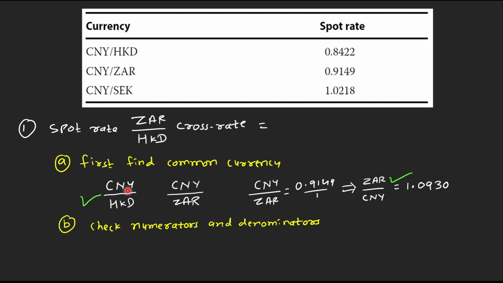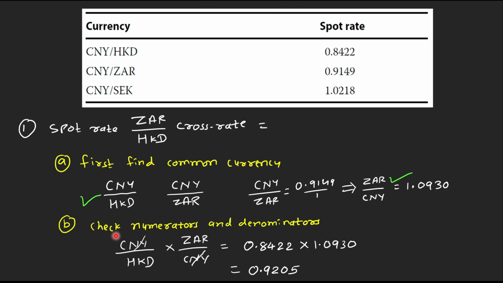We have CNY over HKD, so we are good to go here. Then we can just cross multiply CNY over HKD times ZAR over CNY. CNY cancels out, and we have 0.9205.